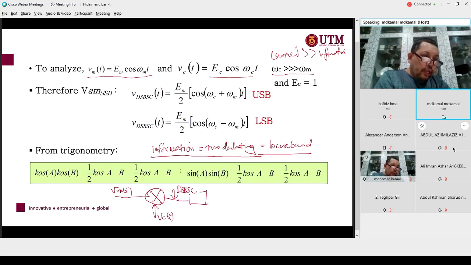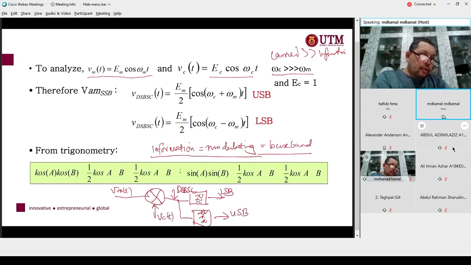What I need to do is put the filter here. If I filter the high frequency, I will get the lower sideband. If I filter the lower frequency, sorry, I get the upper sideband.